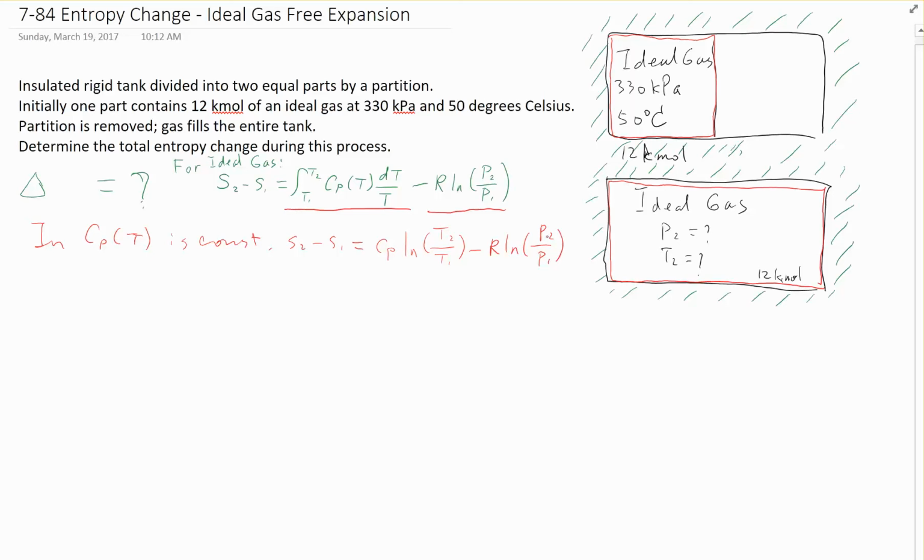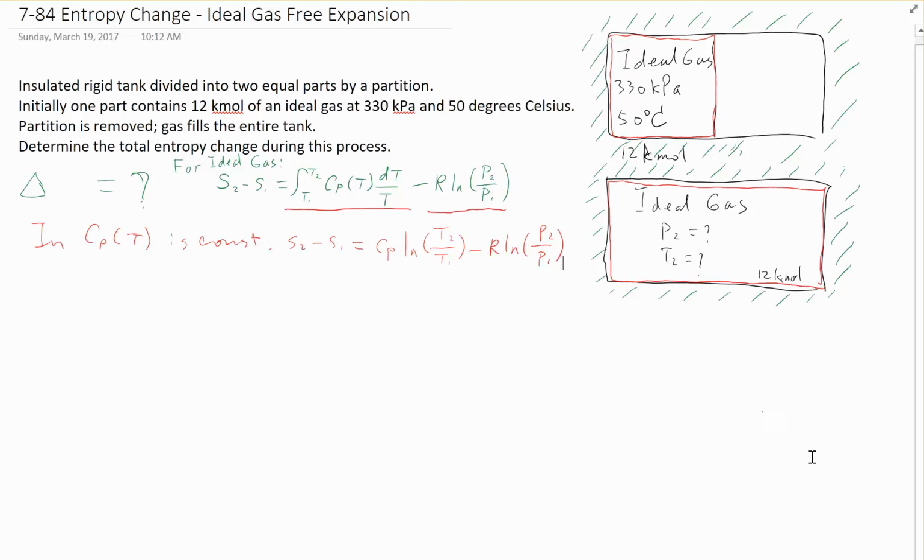It's the natural log of the two ratios, the temperature ratio and the pressure ratio. This capital R here is the gas constant of the ideal gas, and we need to make some changes to this equation in a moment. But let's see how we can get the pressure and temperature changes of this process. Okay.